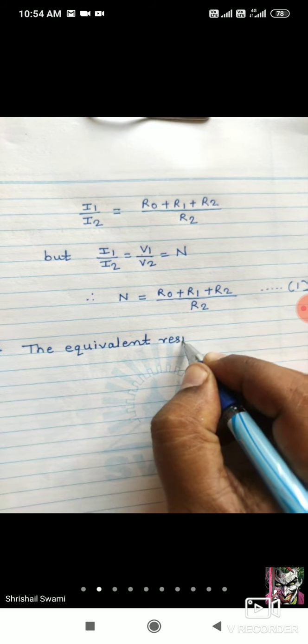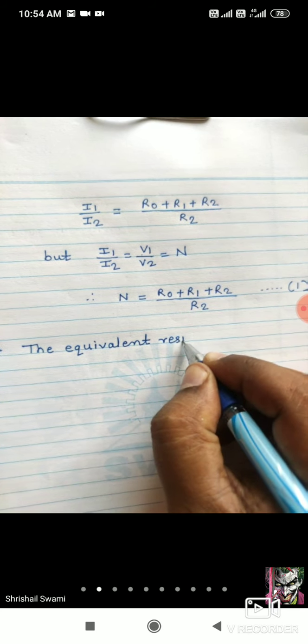So solve this. R1 as it is, plus the parallel combination, that is R2 into R1 plus R0 divided by R2 plus R1 plus R0. So this is R1 as it is. Now, can anyone tell from equation number 1 whether any replacement will be there?